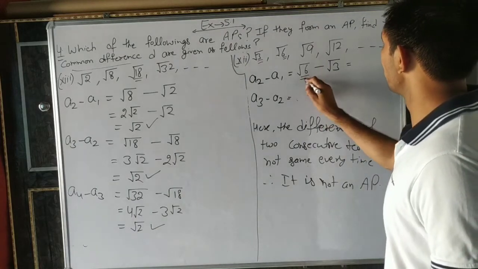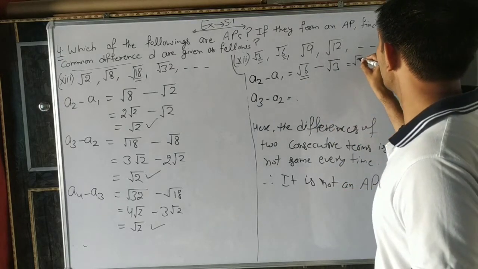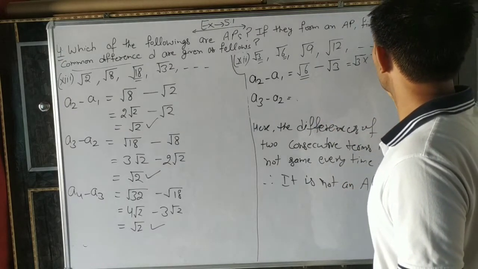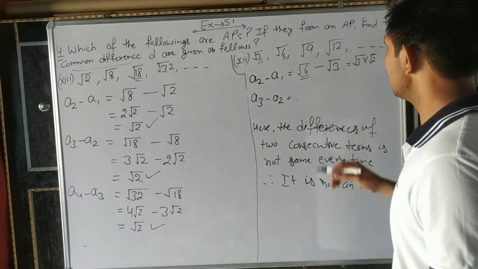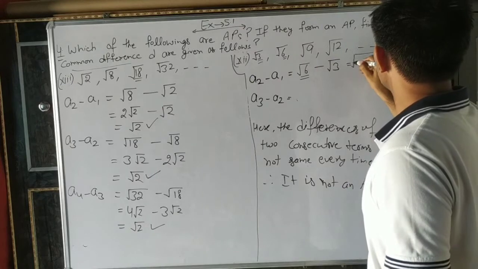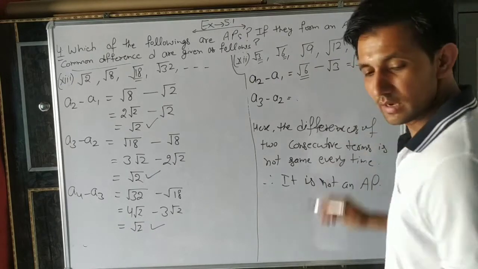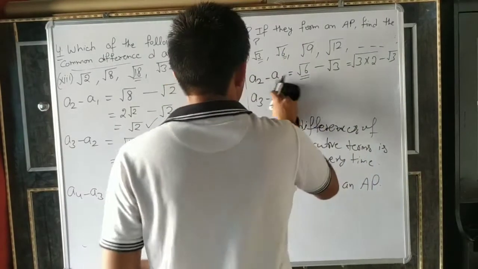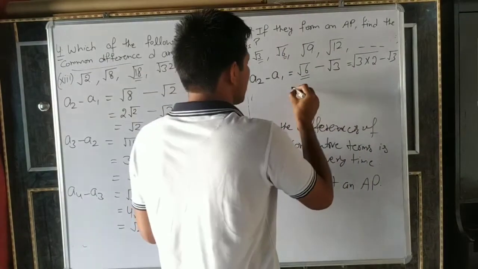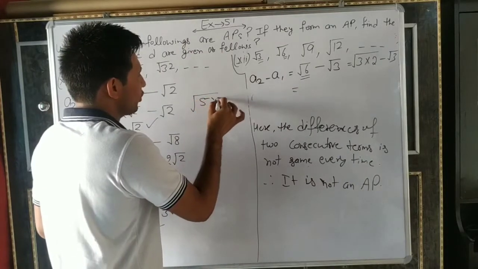Tell me what we can write. Root 6, what can we write? Root 3 into root 2. Yes, because 6 means 3 into 2, minus root 3. Understand it? Next, look at 5 into x. What will we write?